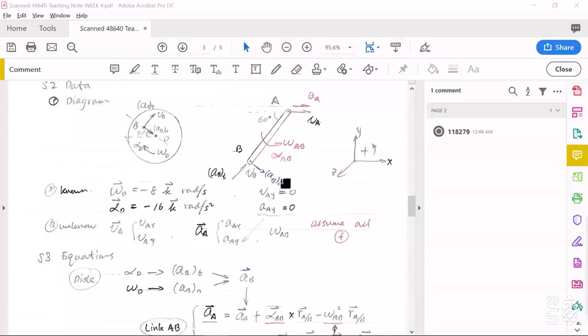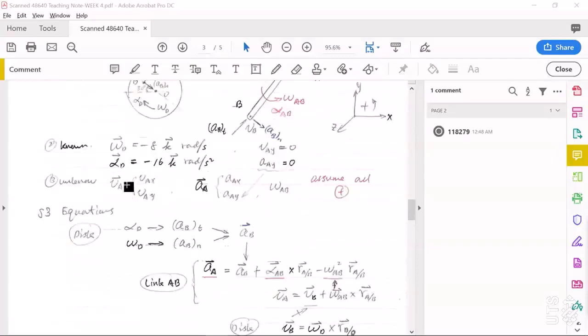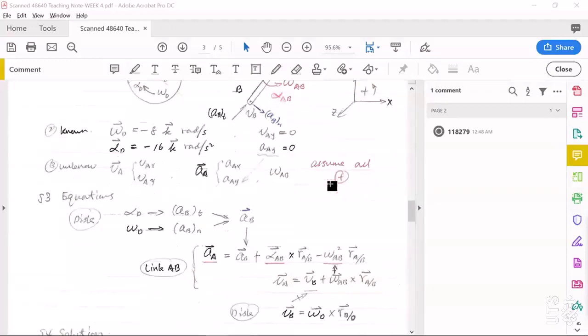So this means their components along y direction must be 0. We don't know VA, VAX, VAY. We don't know AA, AAX. We don't know omega AB. We can assume they are positive if we use relative motion analysis by vector calculation.